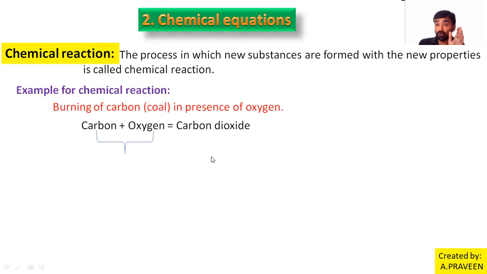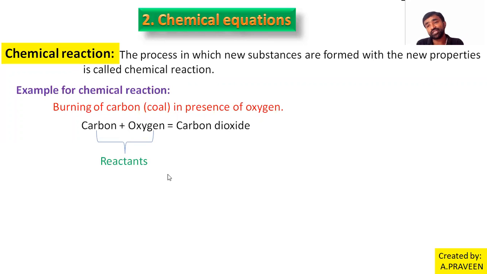Here, the original substances we consider combine, or maybe naturally the substances undergo change by themselves, right? So here carbon and oxygen are changed into carbon dioxide. The original substances, which undergo change, before the change, are called reactants, right?